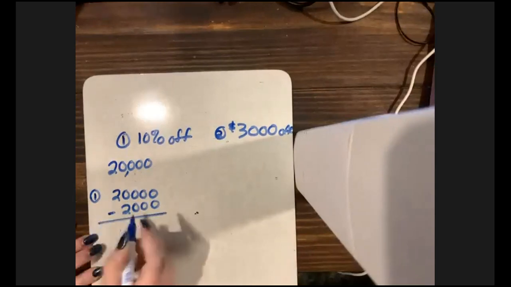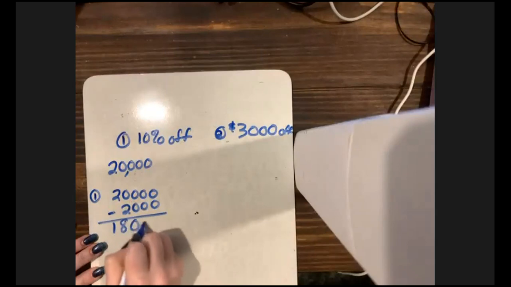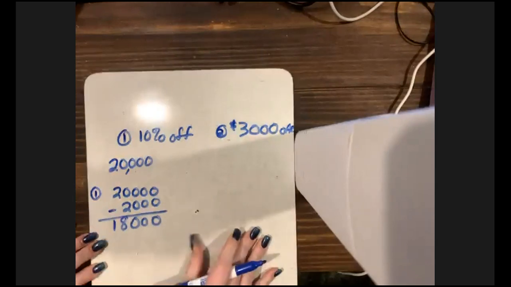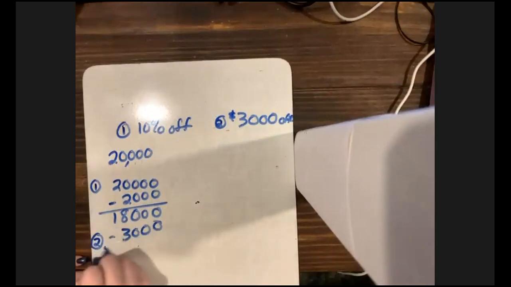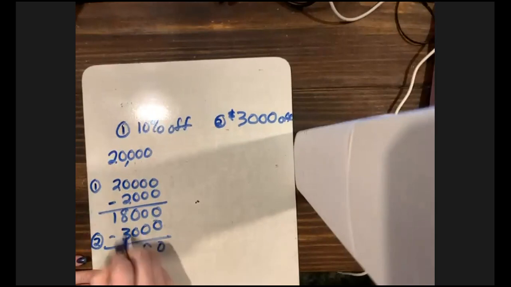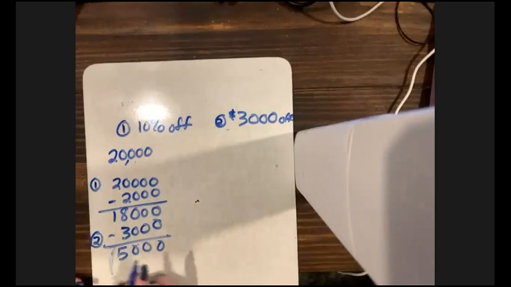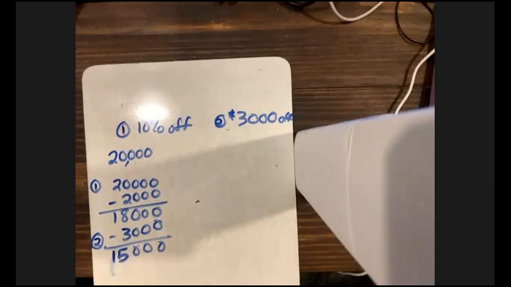So 10% is going to be $2,000. And then after that, we get to have our $3,000 off. So we're left with 15,000.